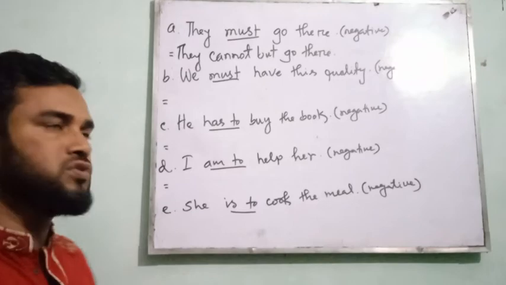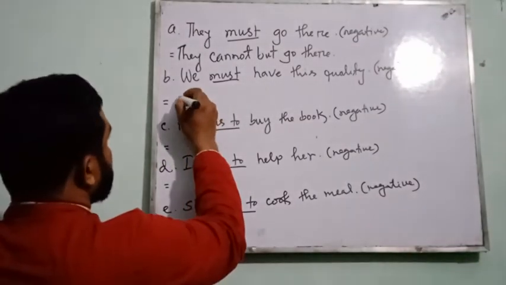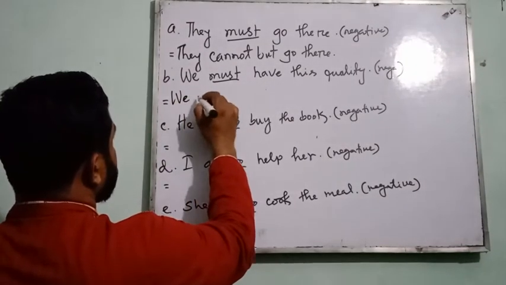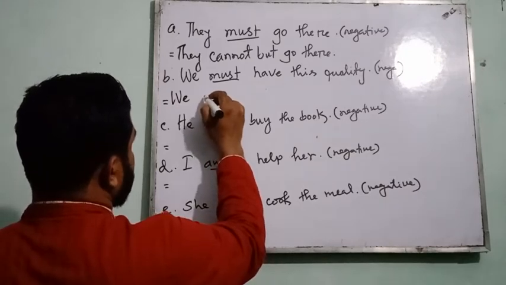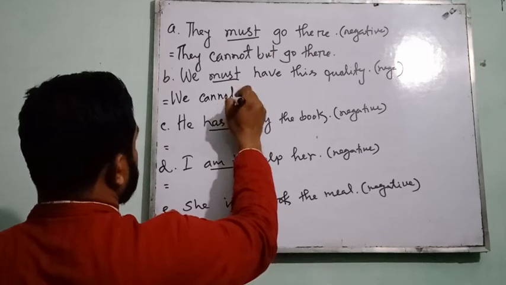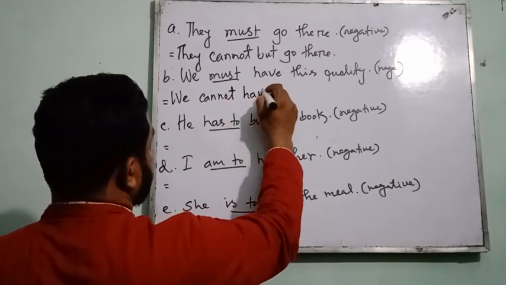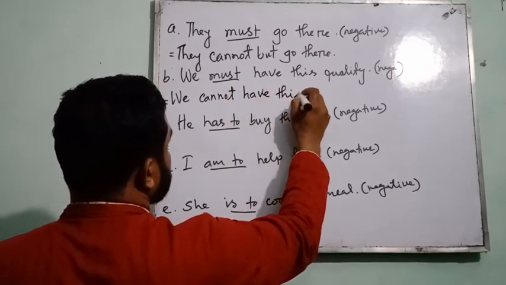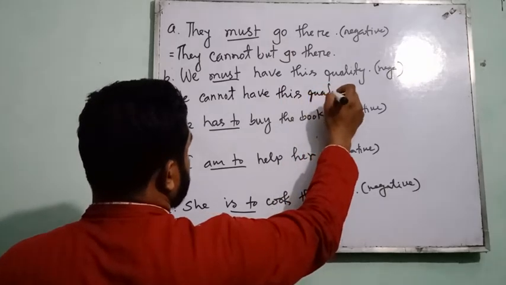Here we can also change this sentence into negative, adopting the same way. We cannot but have this quality.